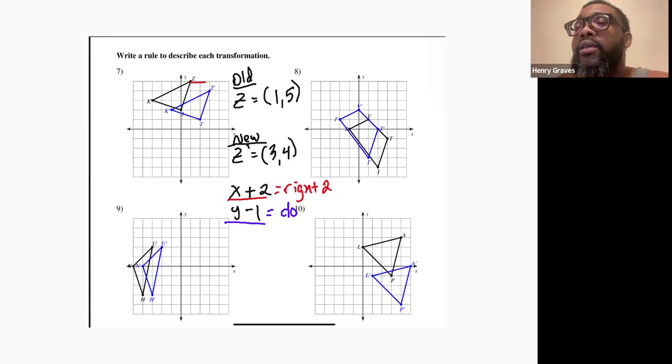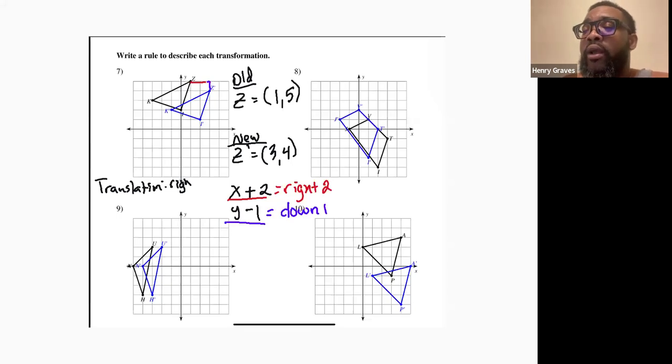Yep, it looks like it did. So that's my transformation. On number 7, the translation was right 2, down 1. And I had my answer right here.